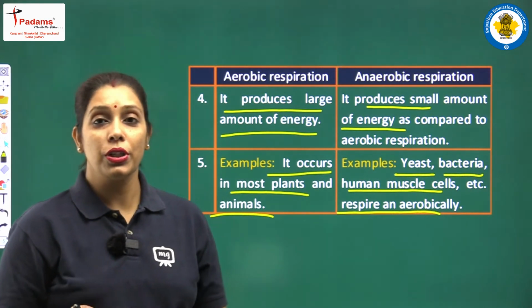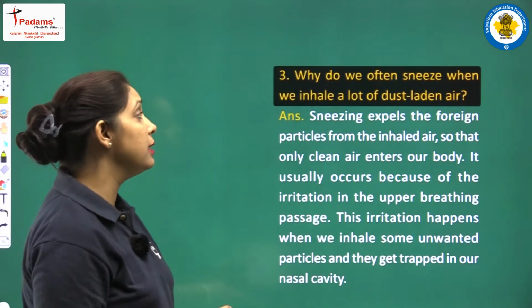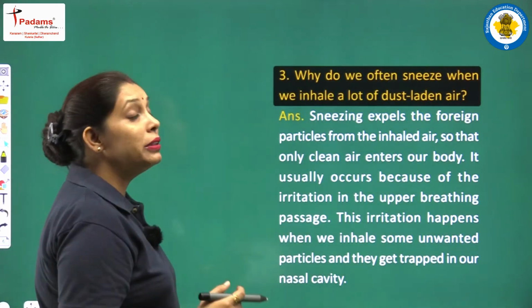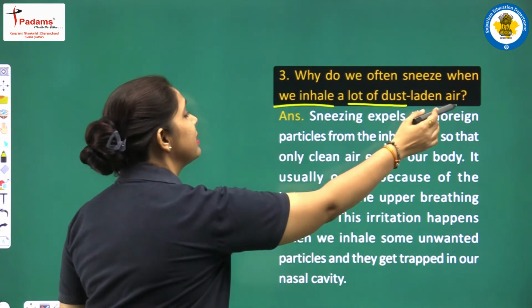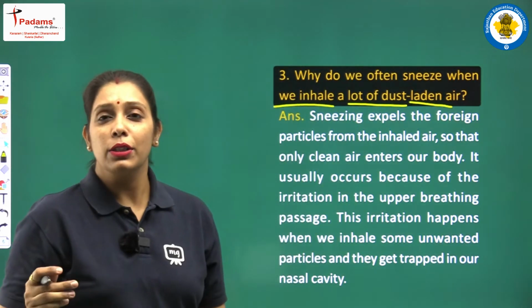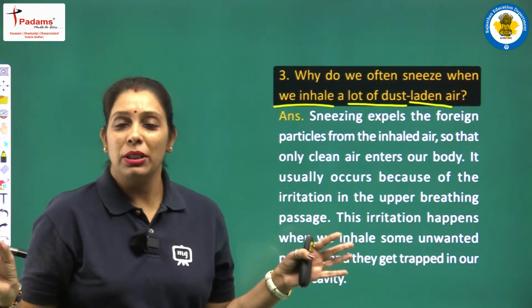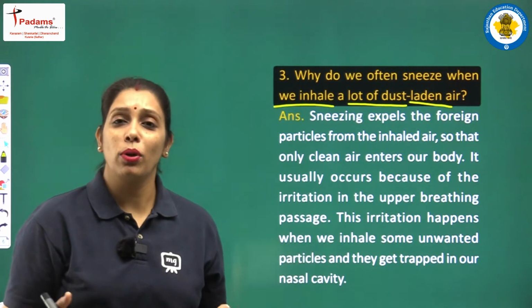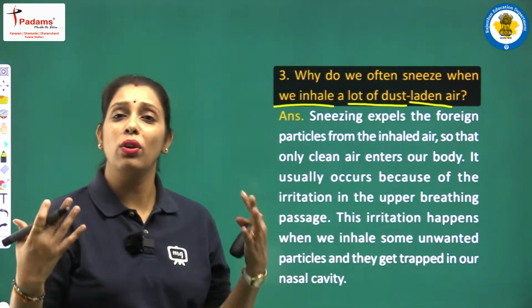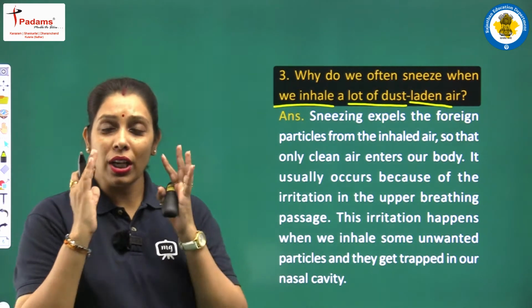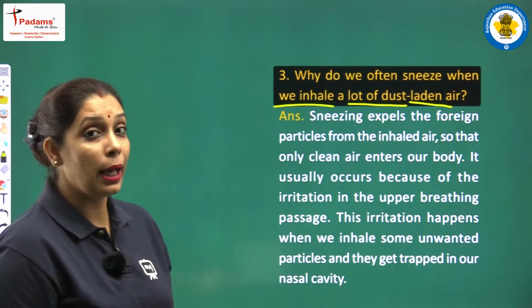Proceed to the next question, class 7th, and next question is, why do we often sneeze when we inhale a lot of dust-laden air? Yes, जब कभी आप धूल भरी मिट्टी वाली जगह पे जाते हैं जहाँ बहुत तेज़ मिट्टी उड़ रही है, it is the air which is having lots of dust, तब आपको अचानक से छींक आ जाती है. Why does it happen so?